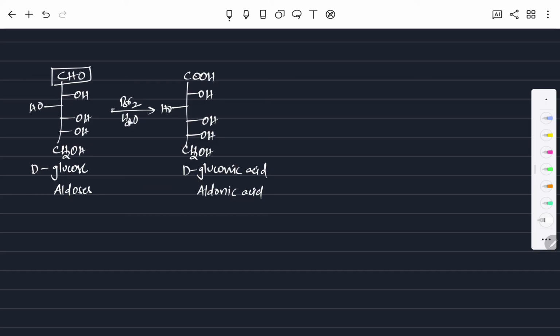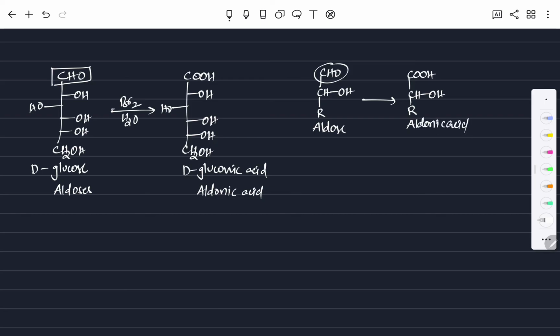When glucose is treated with bromine water, the CHO group will be converted to COOH. So whenever the molecule is like this, it is an aldose, and simply the CHO group will be oxidized, giving an aldonic acid.